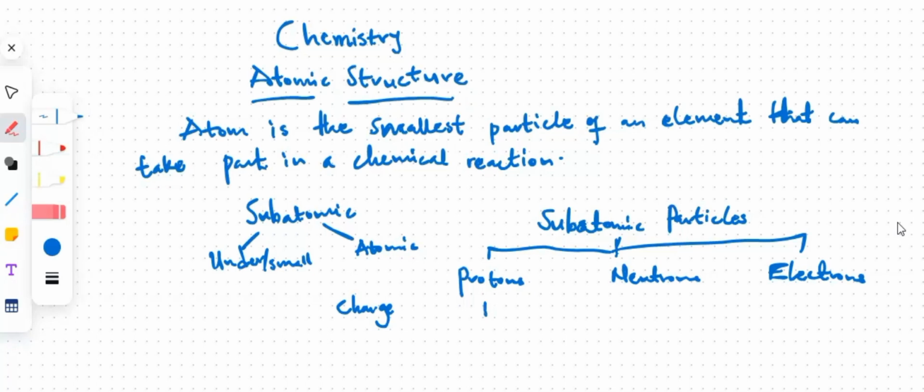It is positively charged. Neutrons are neutral, so just use the word neutral to remember it. The charge is 0, and electrons are negatively charged, 1 negative.